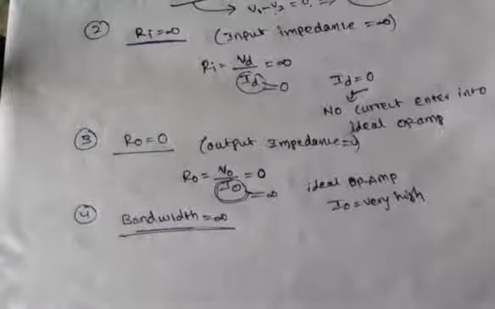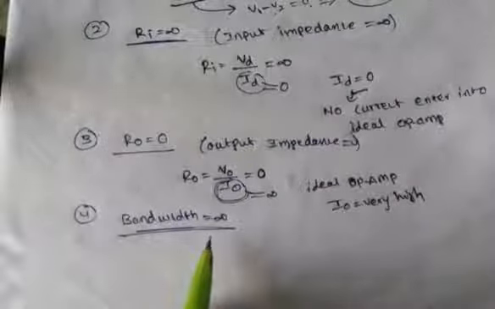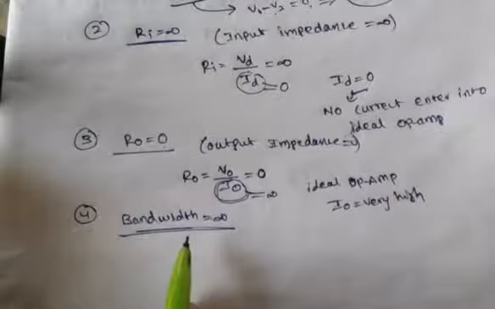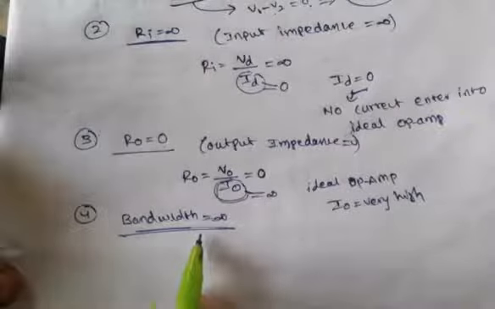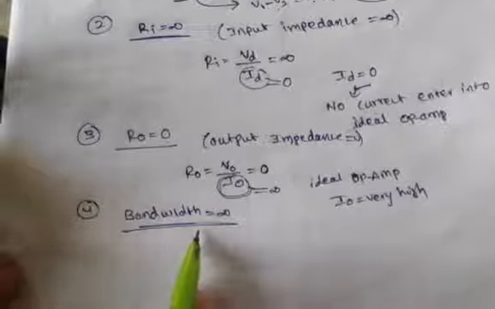If the entrance door is very large, it allows multiple members at a time, like a function hall. Function hall door is very large, our house door is very small. So if the bandwidth is infinity, multiple signals can be transmitted at a time. That's why in the ideal case we take bandwidth as infinity.